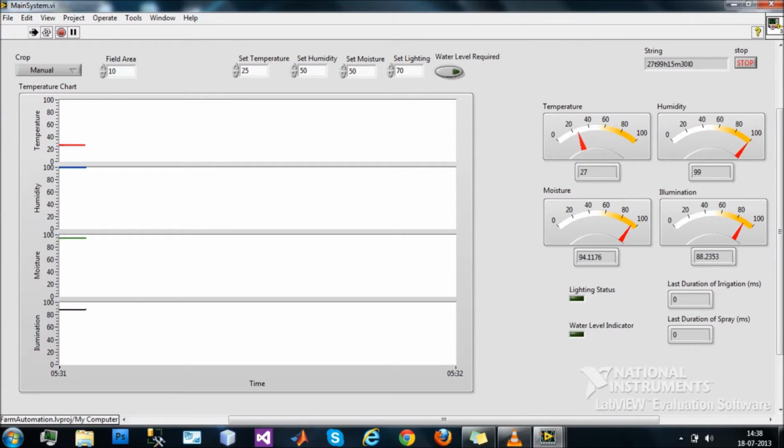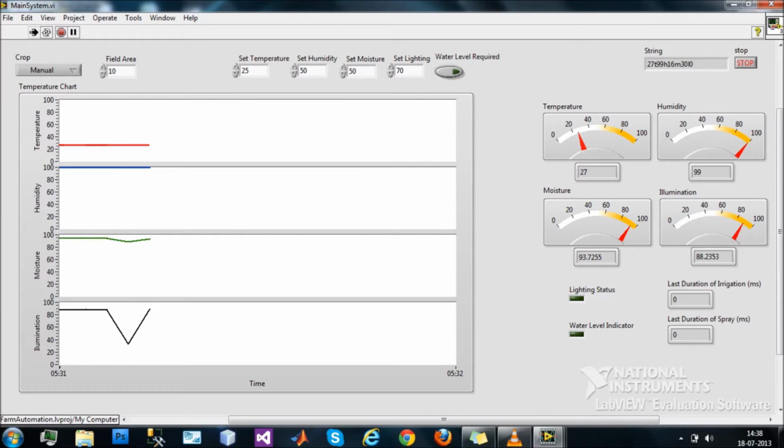This is the front panel of the LabView program. Four parameters, namely humidity, temperature, moisture, and light intensity, are monitored continuously. The values of these parameters can be noted from the meters shown in the front panel. At this point, when the LDR is closed to show changes in the parameters, the graph also has a dip.